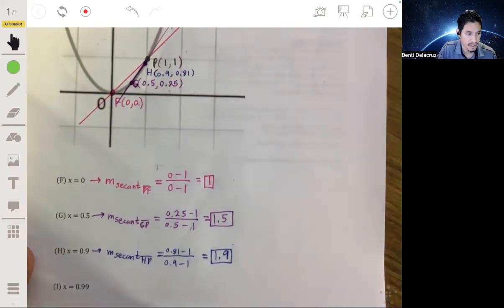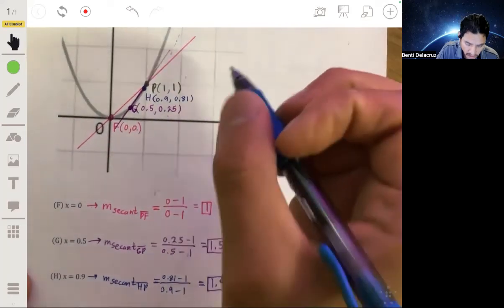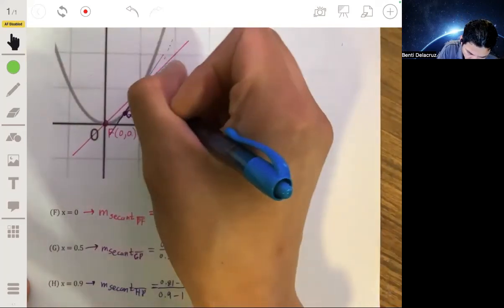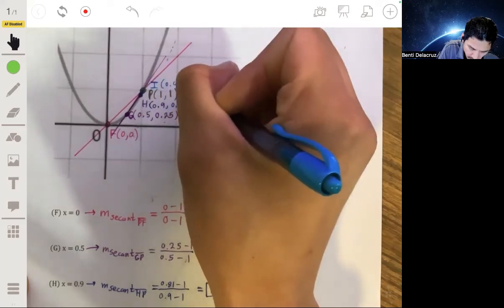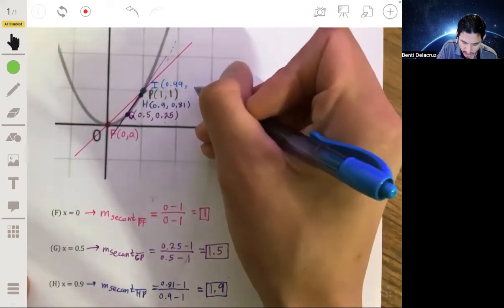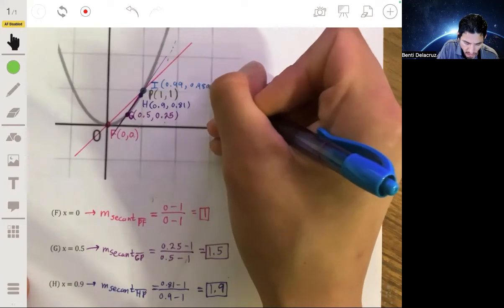Now for point I, we're at 0.99. Point I is pretty much on the graph here. So at I would be 0.99, and 0.99 squared would be 0.9801.